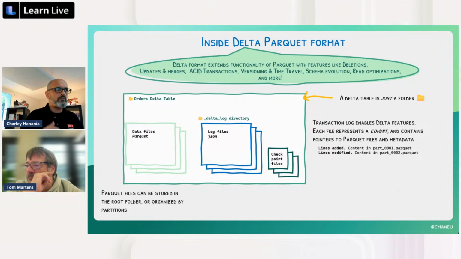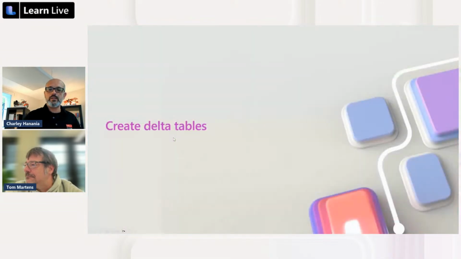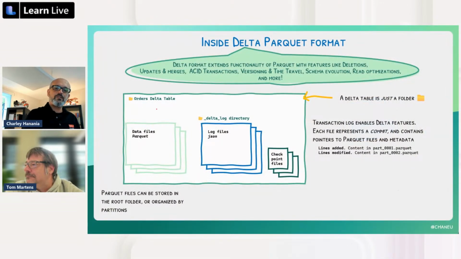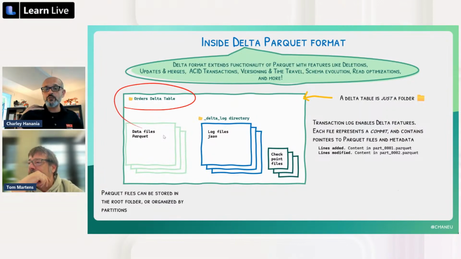From what Tom was saying, just to extend on what he said, we have that Parquet format. And then when you enable Delta on top of it, it creates a folder. And instead of it being a transaction log, it's a number of files that get created with each of those changes that are being written.